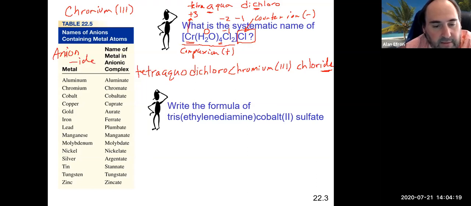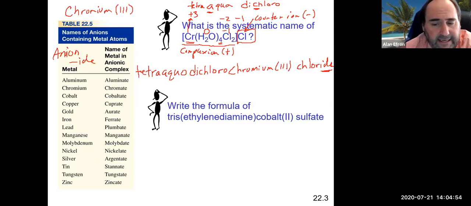So that's why chlorine becomes chloride. So it's sort of the same rule here as well. If you have that negative ion at the end and it's just an element, it'll just have that normal IDE part of it. If it has a polyatomic ion at the end, you would just use the name of the polyatomic ion. So those are sort of the 2 common anion negative guys that would end it, either an element with a negative charge, which will get the IDE, or that polyatomic ion, which then would just use the polyatomic ion name.